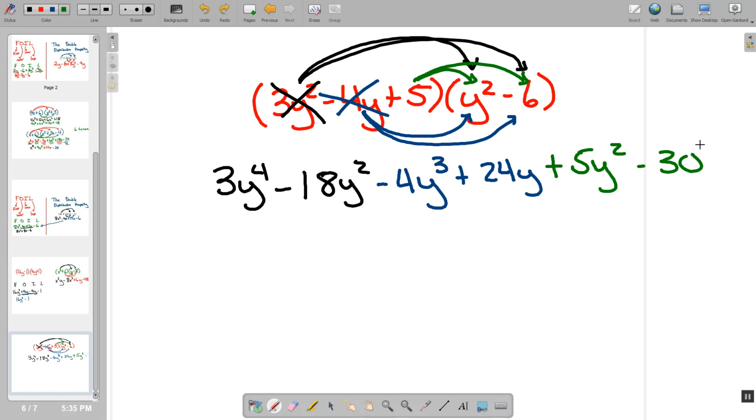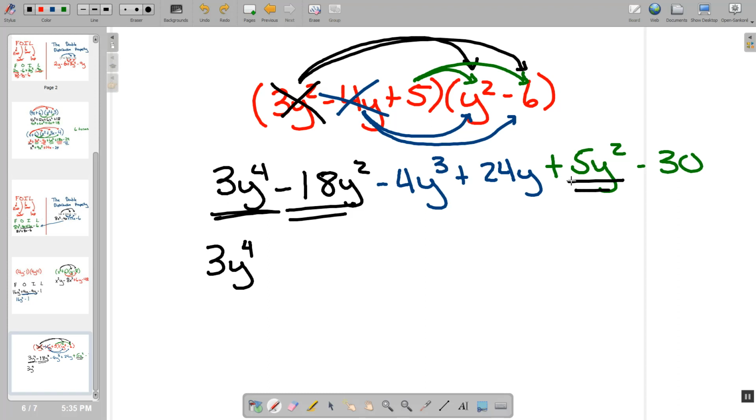In order to simplify my answer, I want to just simply start on the left and see if there's any term that can be combined with 3y to the fourth. I don't see anything, so I just write 3y to the fourth power. Now, though, I have negative 18y squared, and I have a y squared right there.